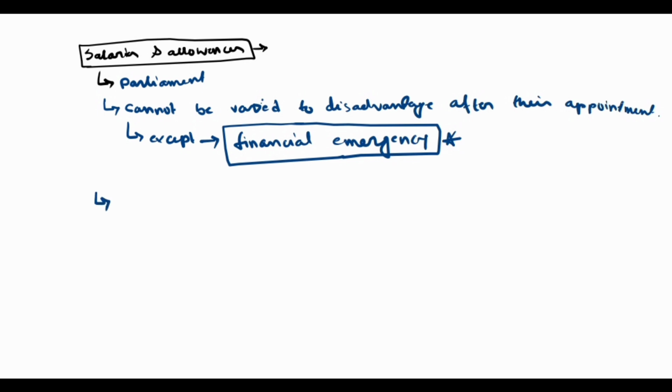The retired Chief Justice and judges are entitled to 50% of their last drawn salaries as pension.